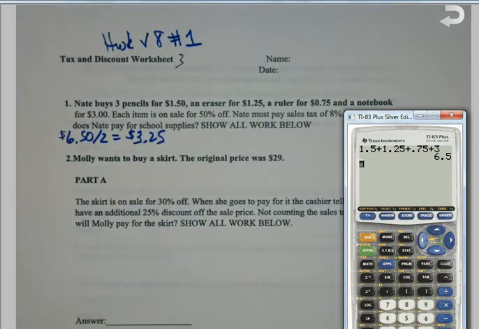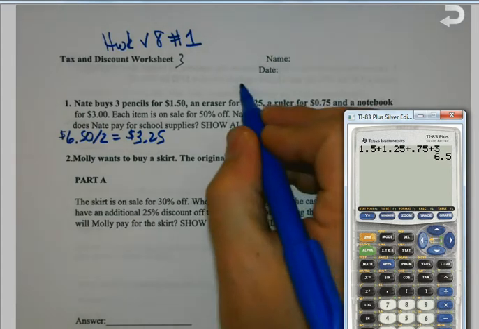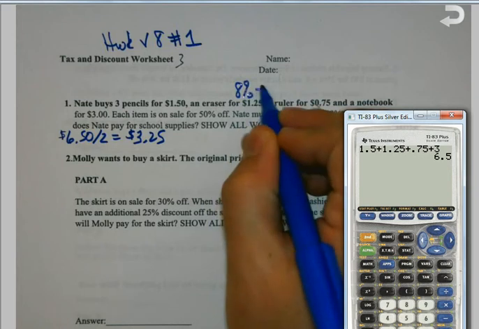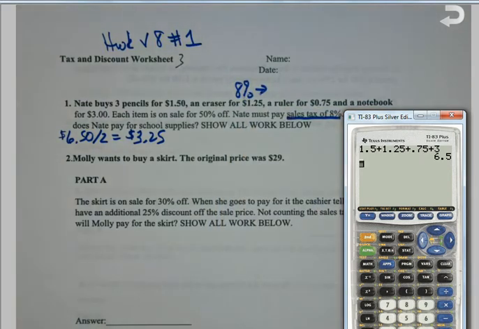But now comes the part that we got into a little more of yesterday. Got to pay sales tax. Sales tax is 8%. How do I turn the 8% into a decimal I can actually use? You switch it to the... Yeah, okay.